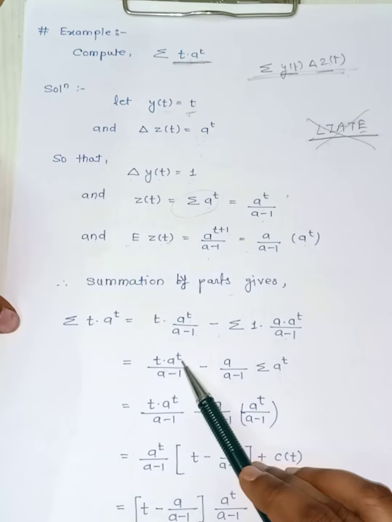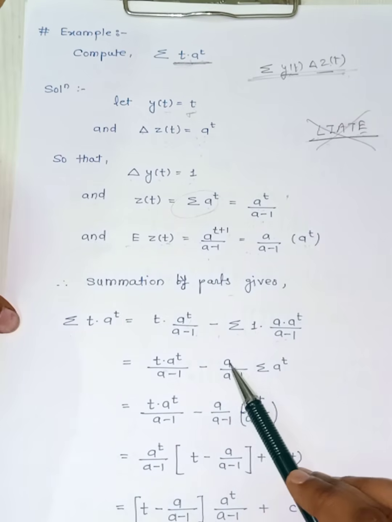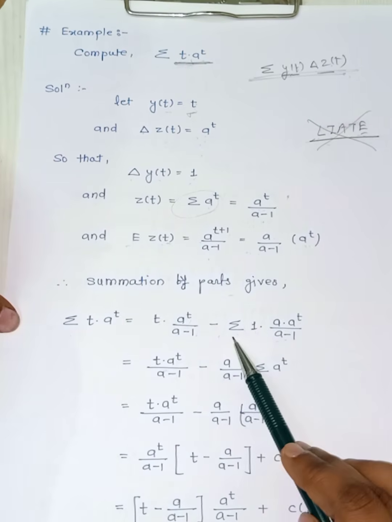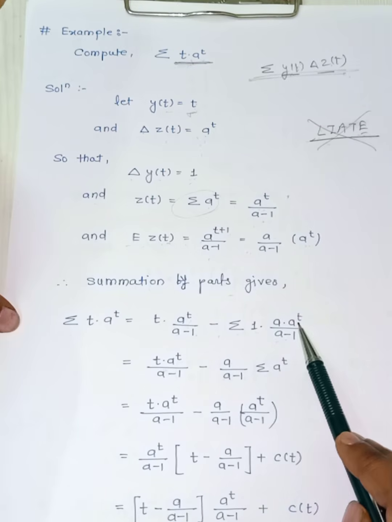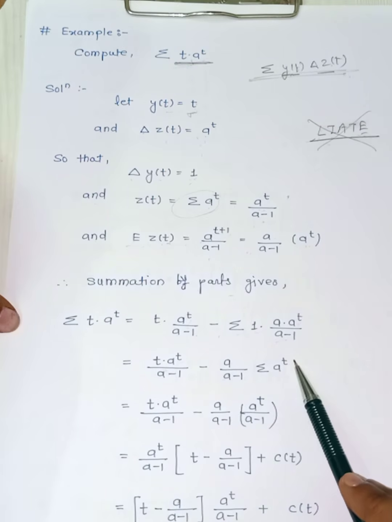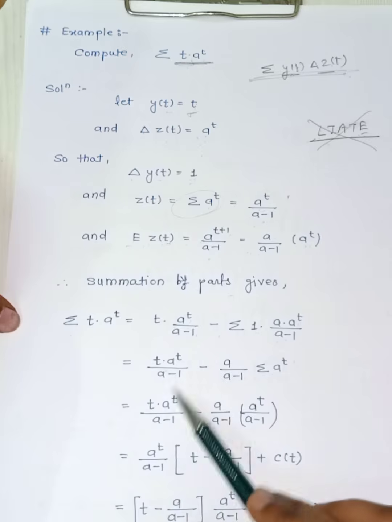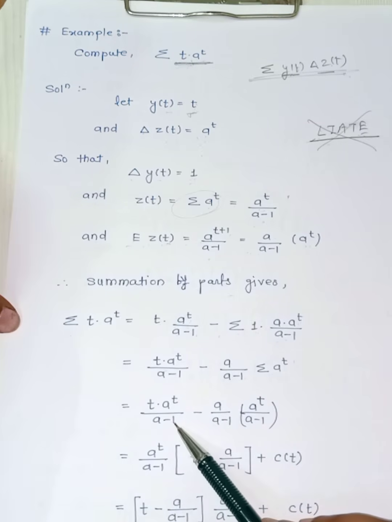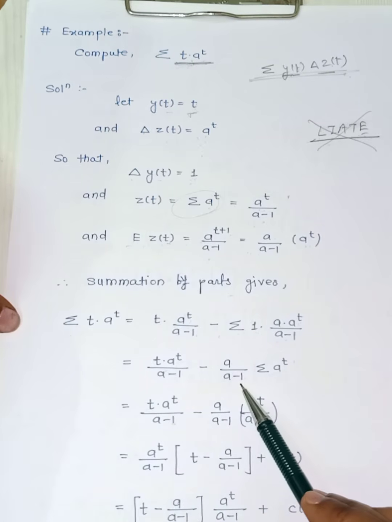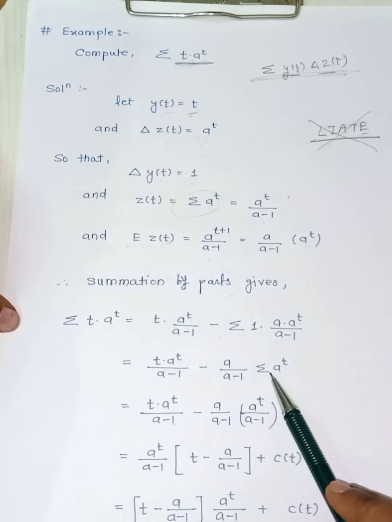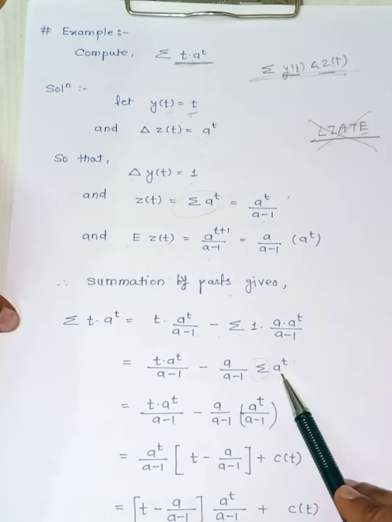This is equals to t into a to the power t upon a minus 1 minus a upon a minus 1, which we took outside, summation over a to the power t. Then t into a to the power t upon a minus 1 as it is, and a minus 1 as it is, we are applying summation on this a to the power t.